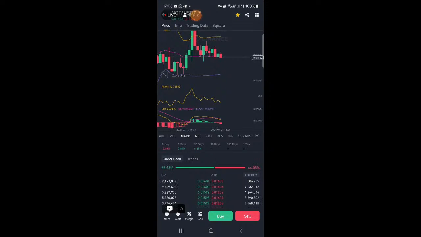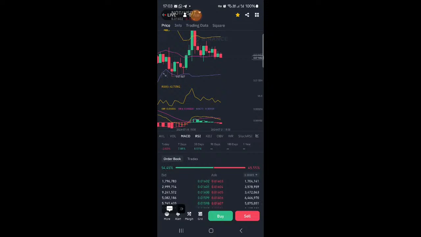Whenever the histogram is being formed above the zero line, it means the market is seemingly in an uptrend. Again, when the histogram is forming below the zero line, it means the market is in a downtrend. That means the price of the coin is reducing.